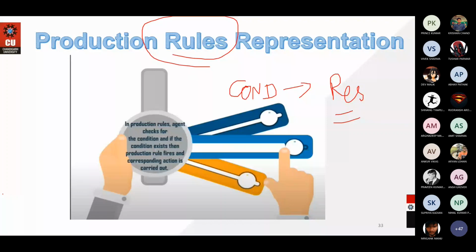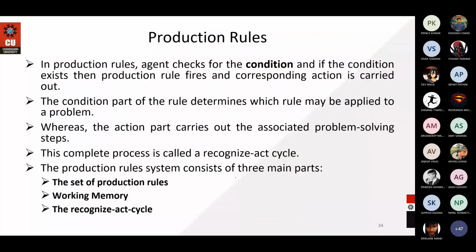So the agent checks for the condition, and if the condition exists, then the production rule fires and the corresponding action is carried out.